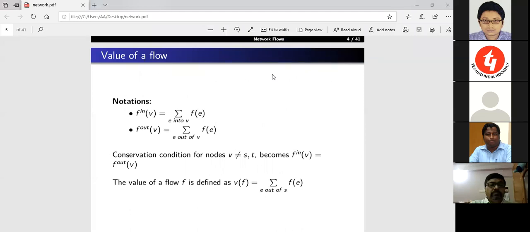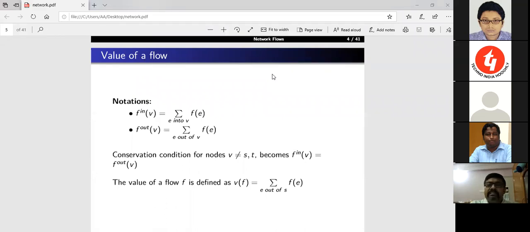But what about the source and the sink node? The source node only has something going out, and for the sink node, something only comes in. So for the source node, we cannot define the total input and the total output. The source node only has output, how much is going out, outflow.